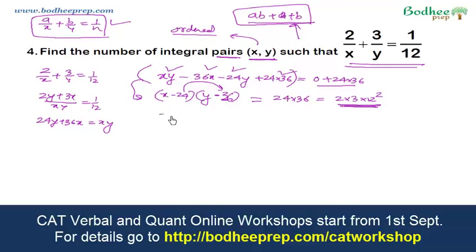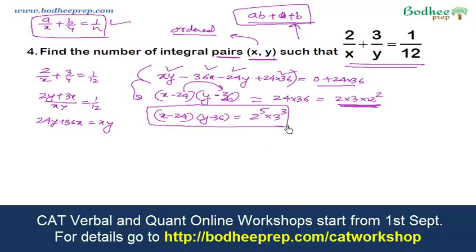Now since (x minus 24) into (y minus 36) is equal to this much, let me factorize it. It would be 2 to the power 5, I think, and 3 to the power 3.